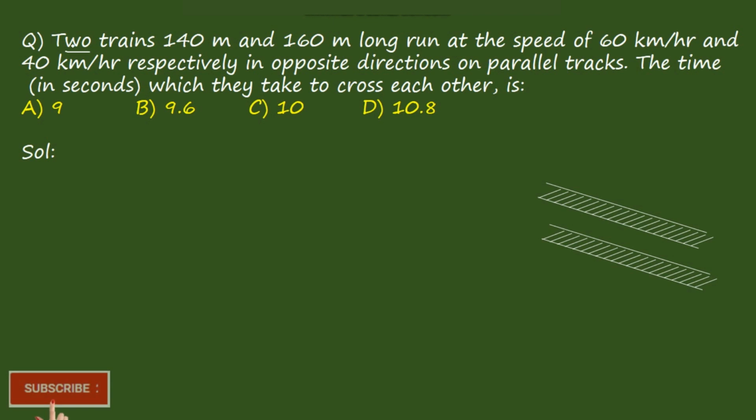They're saying there are two trains, right? So if you consider one of the trains in this particular way, the other one will be in the opposite direction, right? The length of the trains is given as 140 meters and 160 meters, and speed is 60 kilometers per hour and 40 kilometers per hour, right?